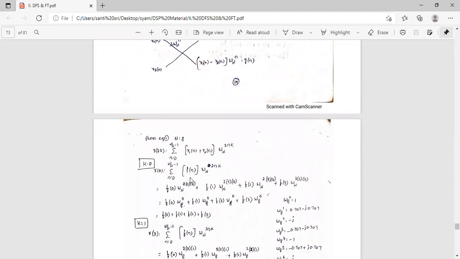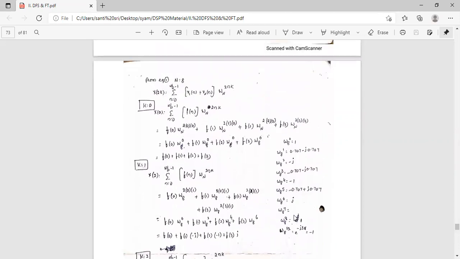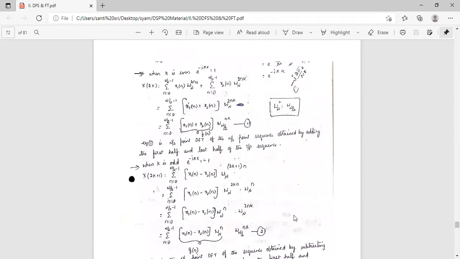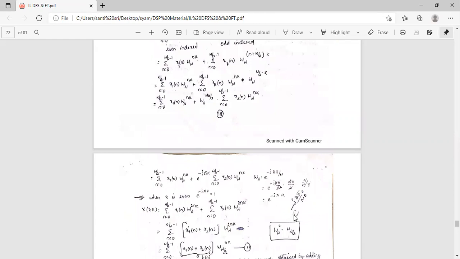By substituting the value k equal to 0, we get the value of x of 0 like this: f of 0 into W8 power 0 plus f of 1 into W8 power 0 plus f of 2 into W8 power 0 plus f of 3 into W8 power 0. W8 power 0 is 1. We can calculate the other values by using the formula, which is already discussed in our earlier cases.